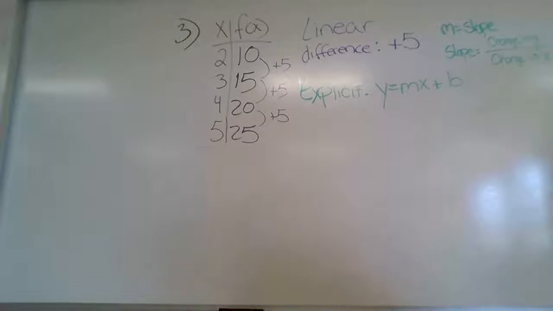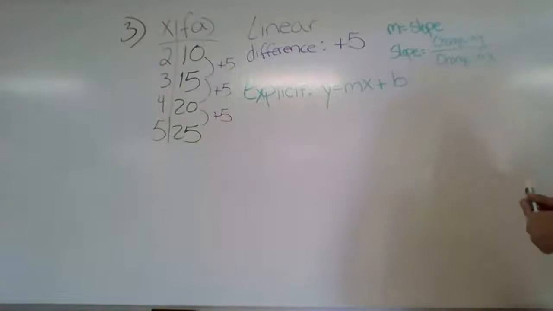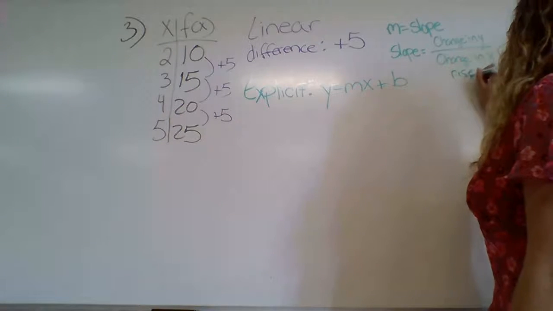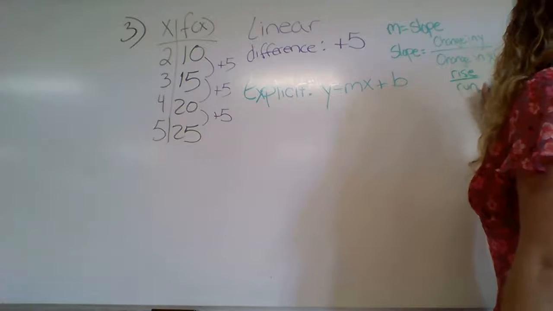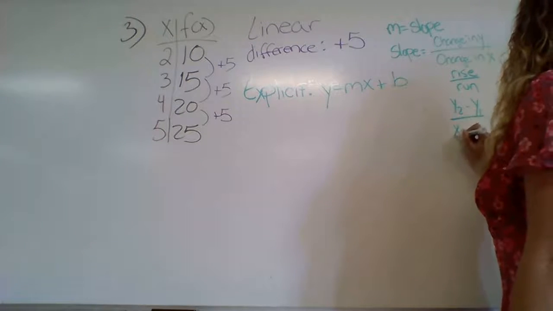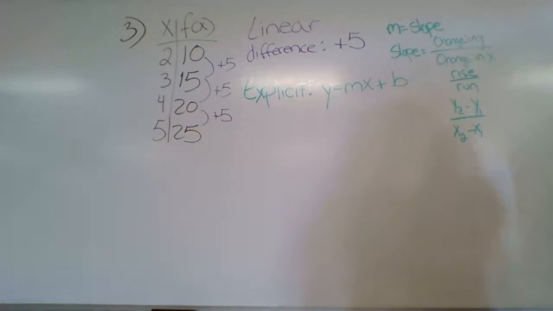Or you might have learned that slope is rise over run. Slope is also thought of as rise over run. Or y2 minus y1 over x2 minus x1. However you want to think of it, it doesn't matter.